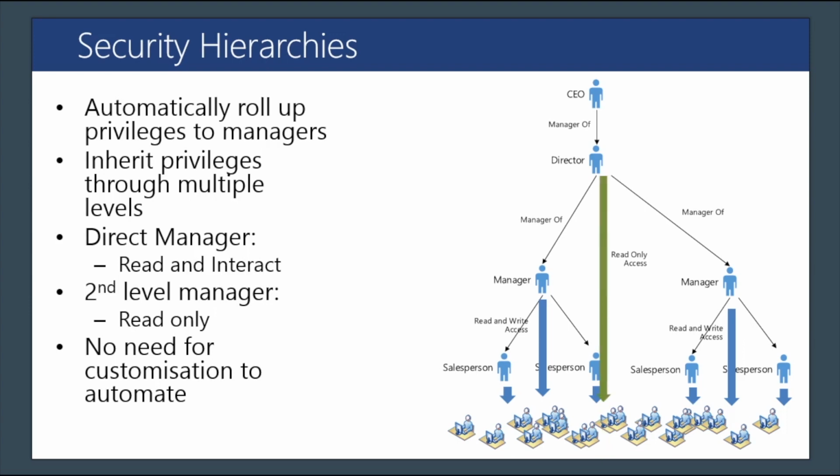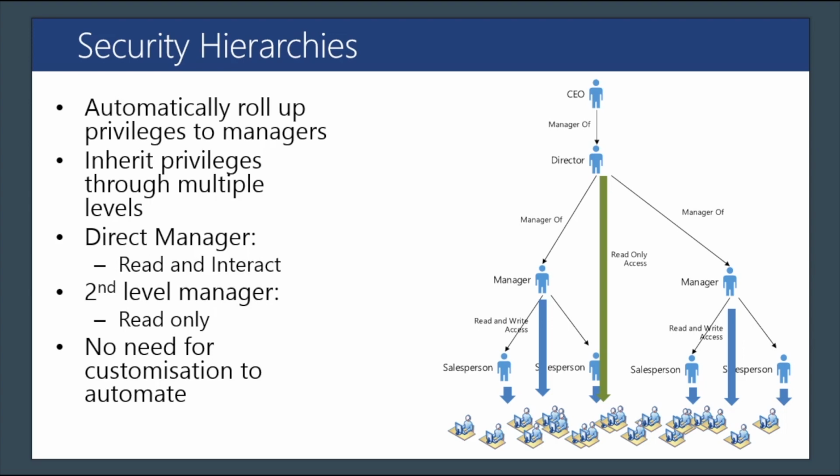So you can see here where we have salespeople down here. The manager of the salesperson role would automatically inherit read and write access to the records owned by the salesperson. The director up here, which is managing the manager, right?